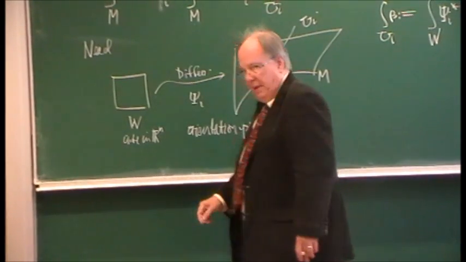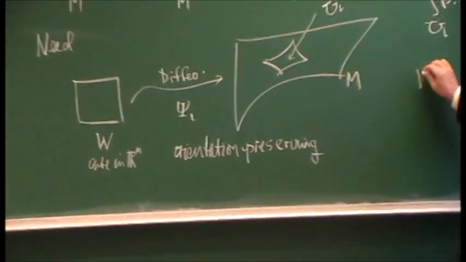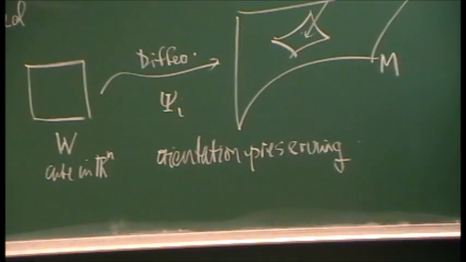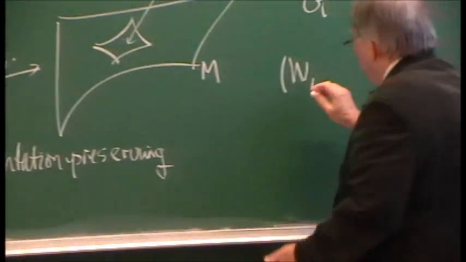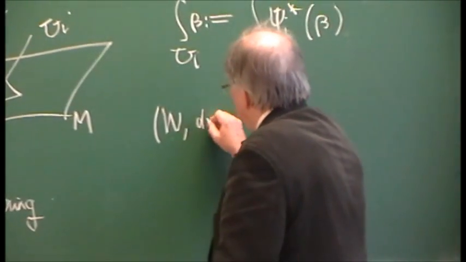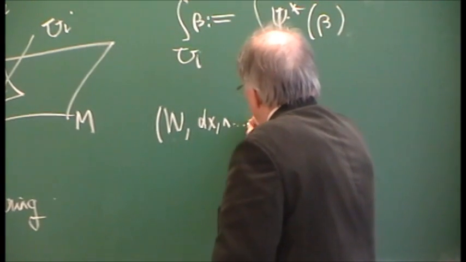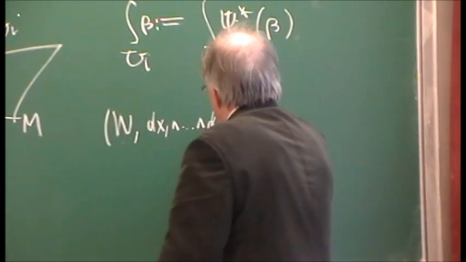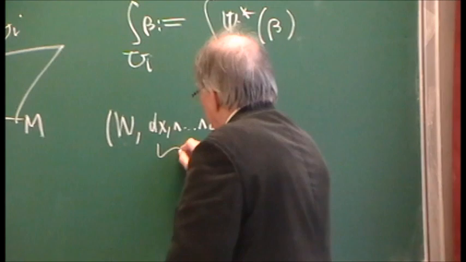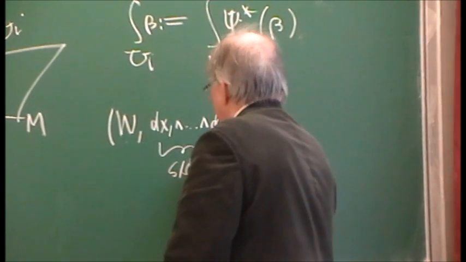So what Mihai had in mind, I think, is that we view W as equipped with the standard orientation of Rn. This is what I always call the standard orientation of Rn.